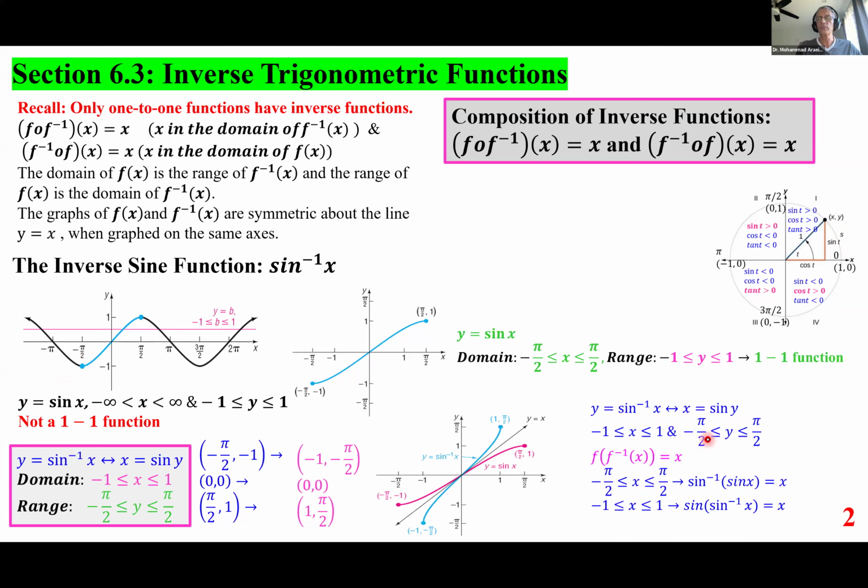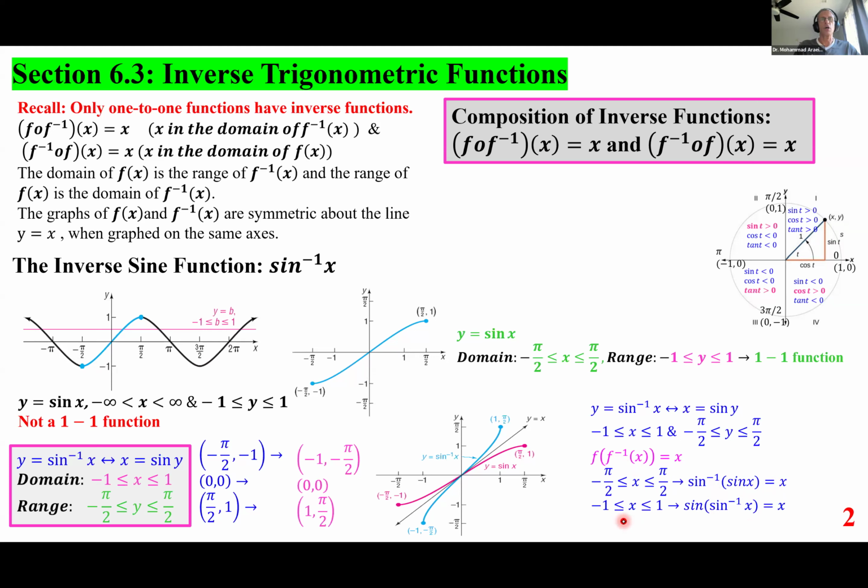Therefore, for sine inverse of sine x to be x, we are concerned with this x, the domain of sine, which has to be between negative and positive pi over 2. But in this case, this is in the domain of sine inverse, has to be between negative 1 and 1. So this is the concept of inverse trig functions.